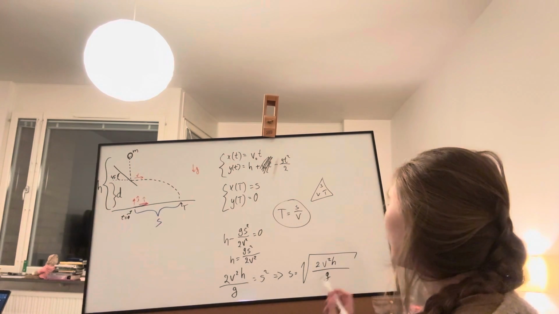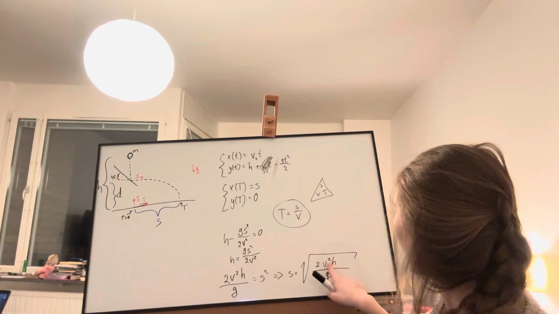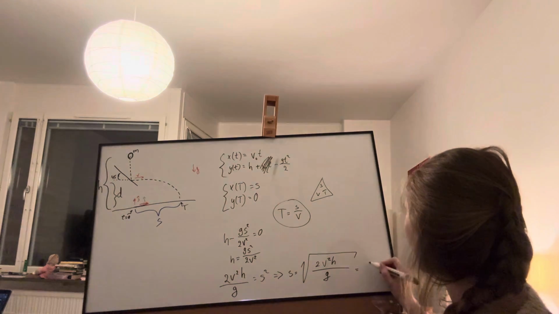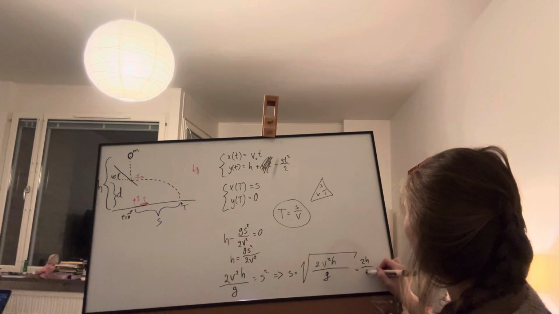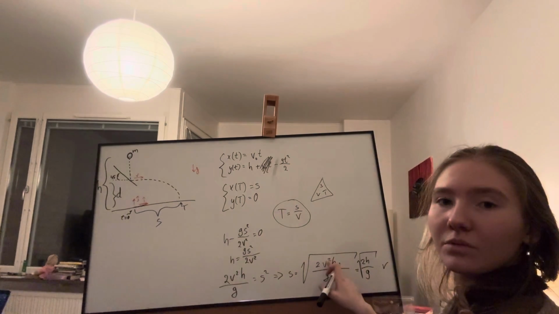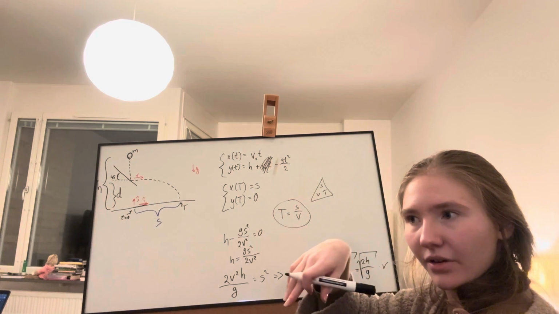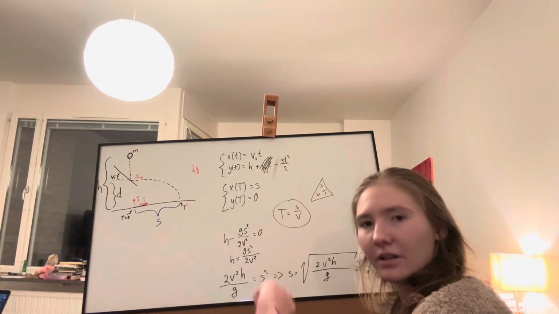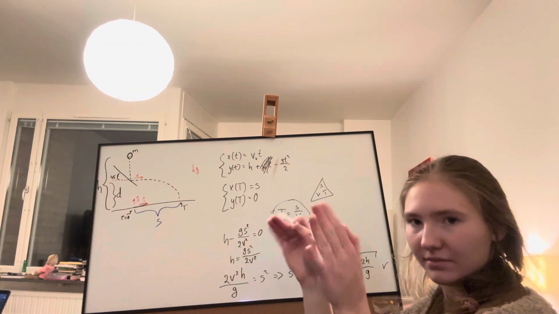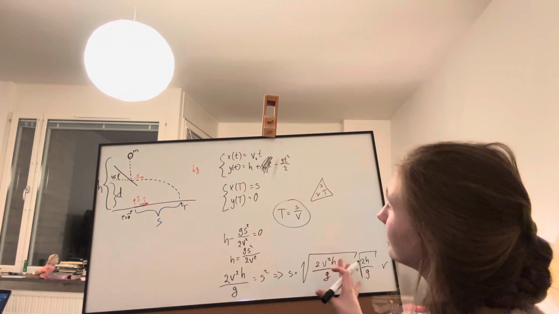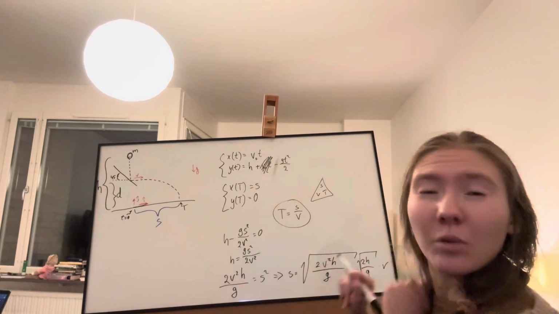Very close, but now we have to find v. Because if you take the square root of something squared, you just take the absolute value. So, first part done, now we look for v.